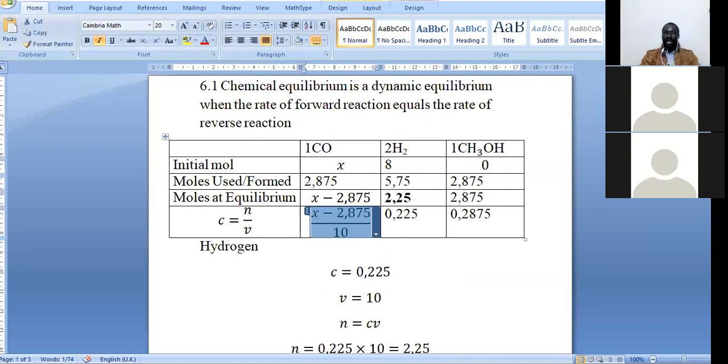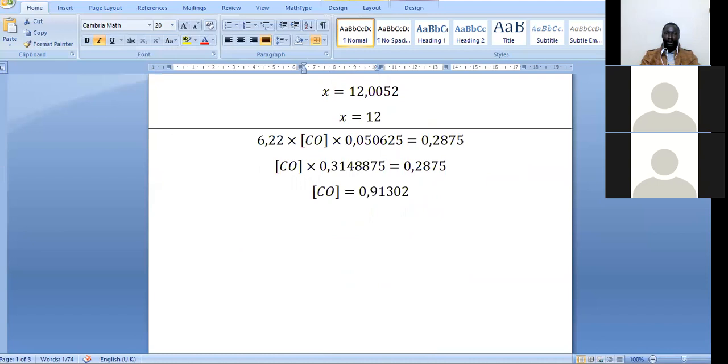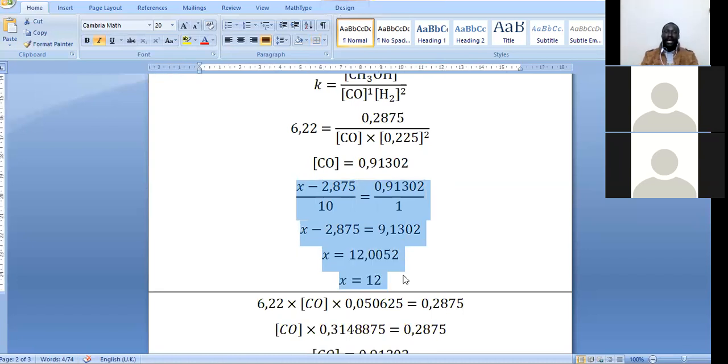So we make that concentration equal to what we have got. This is now where the calculation is. Then we cross multiply and later get the value of X. This is how we find the value of X.